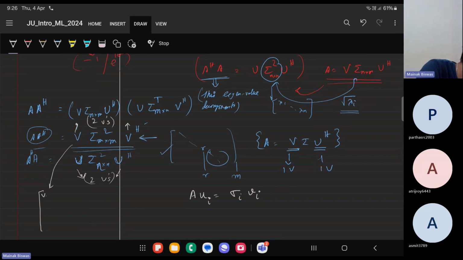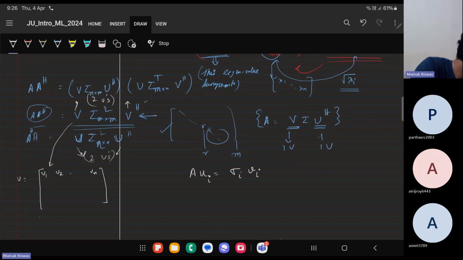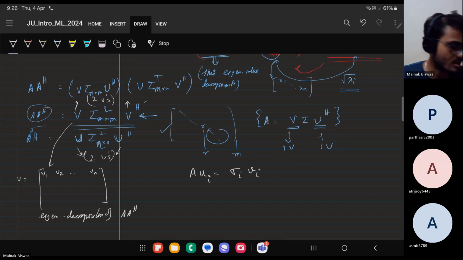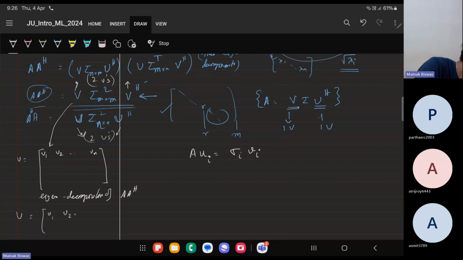How will you get the values V1 to Vn? By eigen decomposition of A Hermitian A. And you will get U1, U2 to Um by eigen decomposition of A A Hermitian, correct?